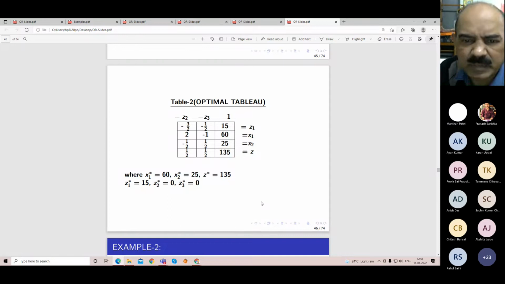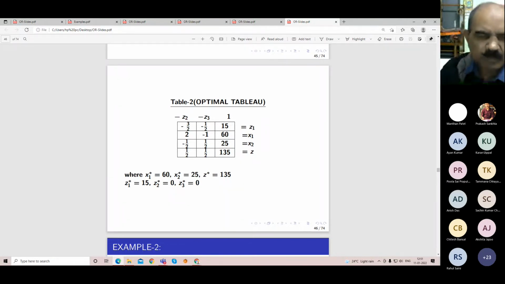These are the basic variables. z1 is a basic variable, 15. x1, 60, that is a basic variable. x2, 25, and z equal to 135. I have already mentioned here x1 equal 60, x2 equal 25, z equal to 135. This is the optimal solution.